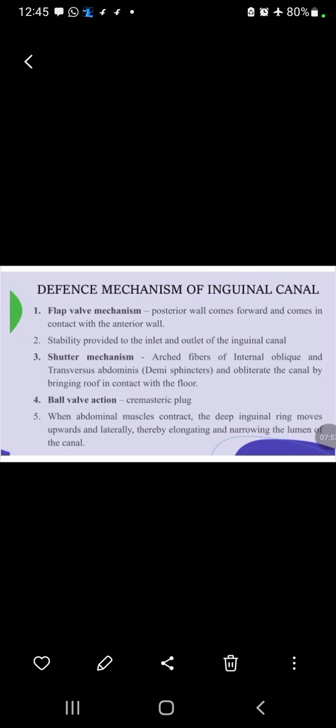So, oblique and direct. Different mechanisms of inguinal hernia: flap valve mechanism, shutter mechanism, and stability provided to the inlet and outlet of the inguinal canal, ball valve action. Boundaries of the superficial ring: base, apex, medially and laterally.